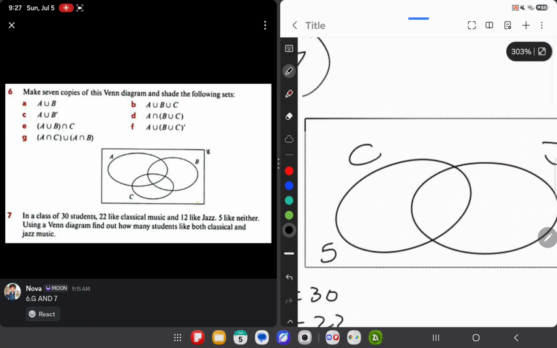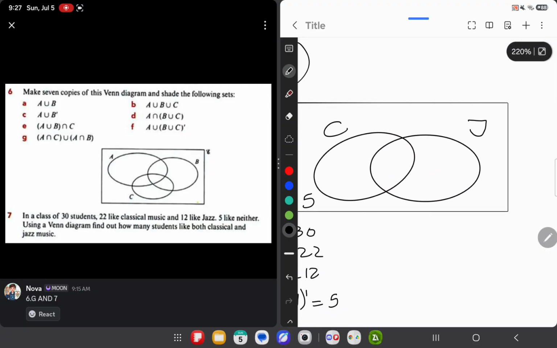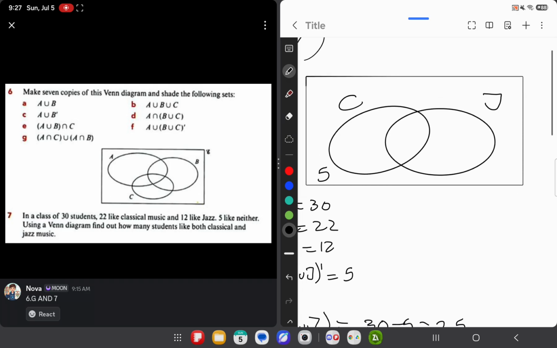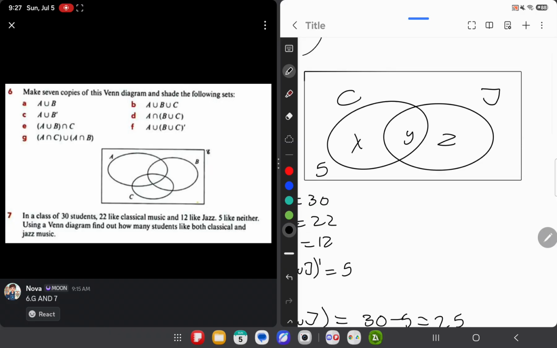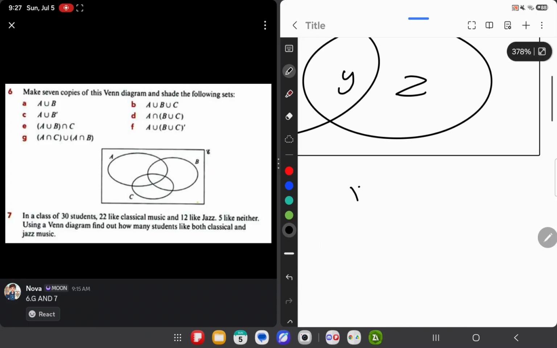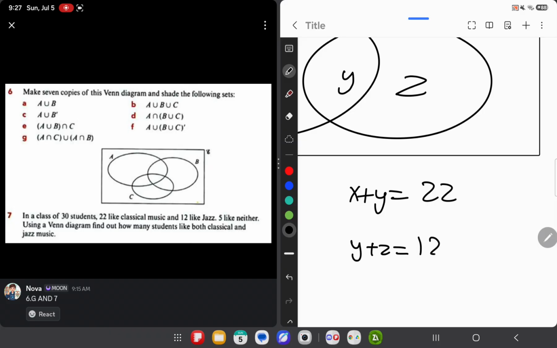But what do we know about how many people like classical and jazz together? Well, we set up an expression, like a linear thingy. Let's name these x, y and z. We know x plus y is equal to 22 and y plus z is equal to 12.